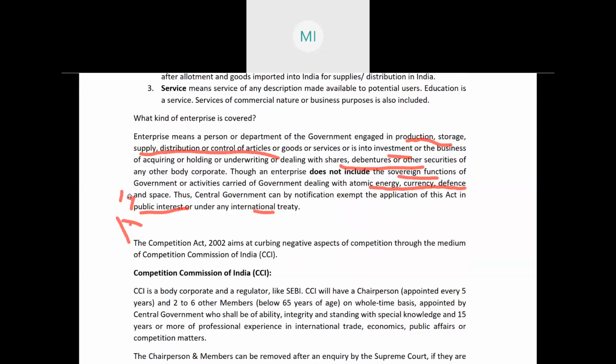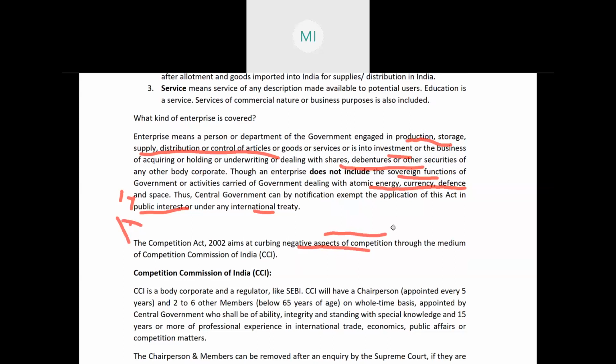What does the Competition Act try to do? As we discussed, immediately when you think of the Competition Act, you have to think of fair and healthy competition. So what it tries to take away is any kind of negative aspects of competition.